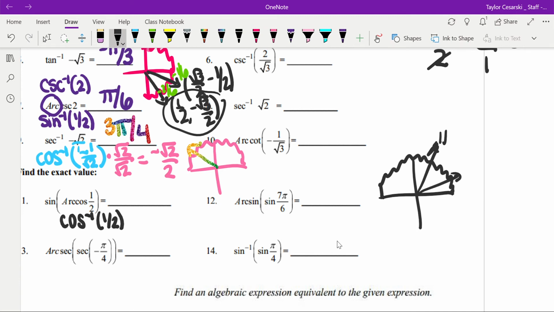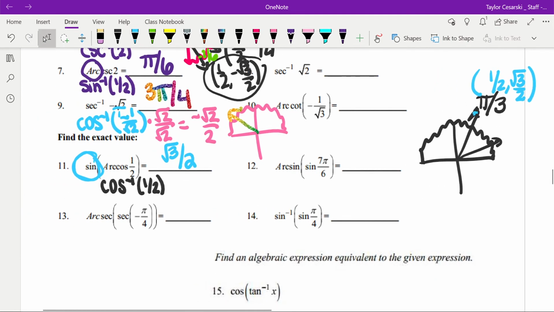So it's going to be at pi over 3. Okay? So when cosine equals 1/2 right here, I'm then asking what is the sine value at pi over 3? And the answer is square root of 3 over 2. So the coordinate here is 1/2, square root of 3 over 2. That's your ordered pair.